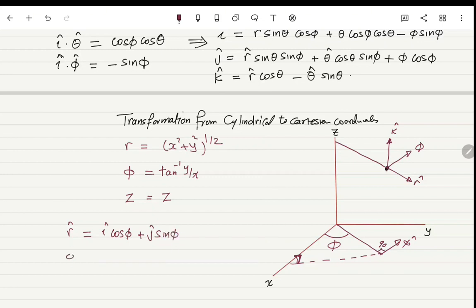Now phi hat, it's the same as spherical coordinates, nothing changed here, it's minus i hat sine phi plus j hat cosine phi. Again, k hat is the same as in Cartesian coordinates.